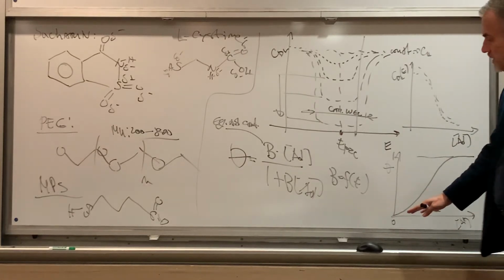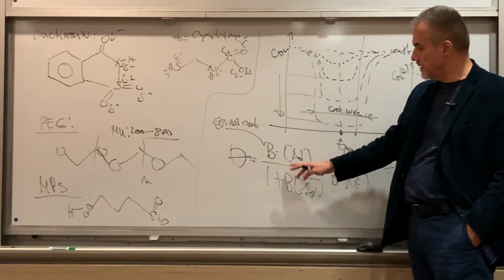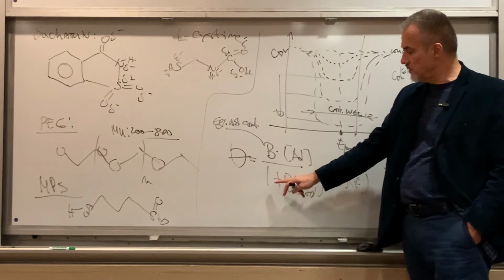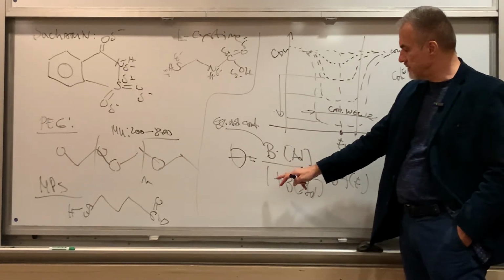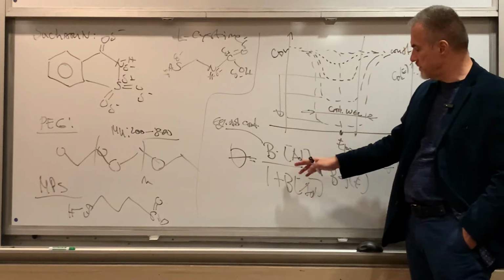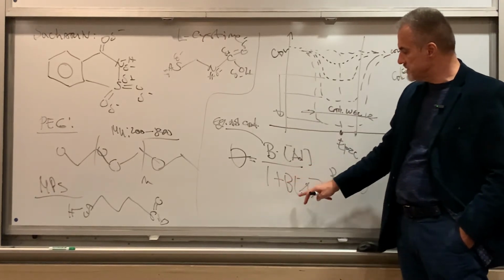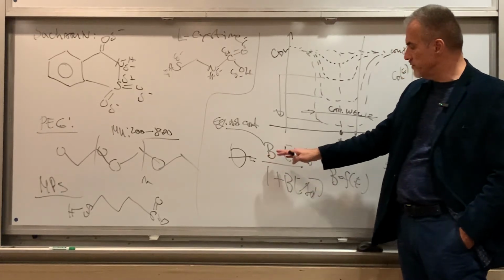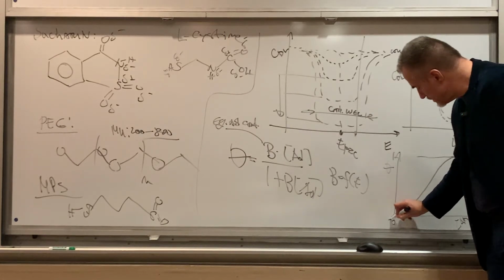You can also see that if the concentration is going to 0, this whole thing can be linearized, because 1 plus something very small is close to 1, and then you just have theta equal to B times A. So for very small concentration, this part is almost linear.